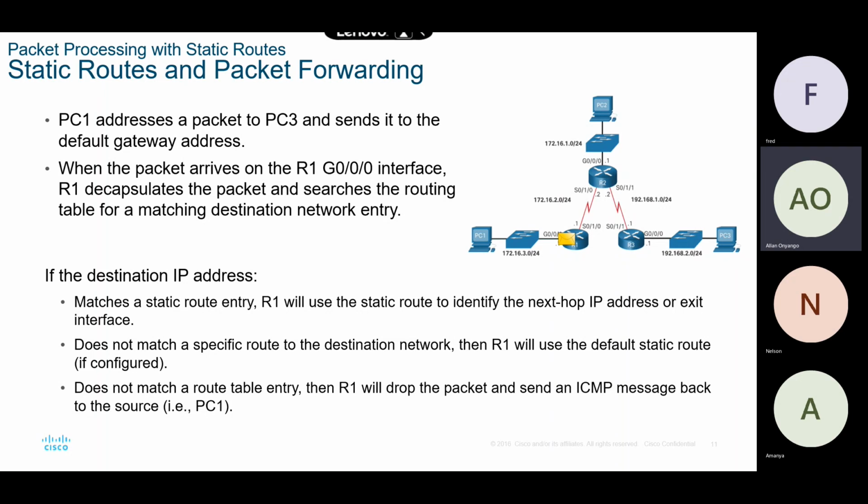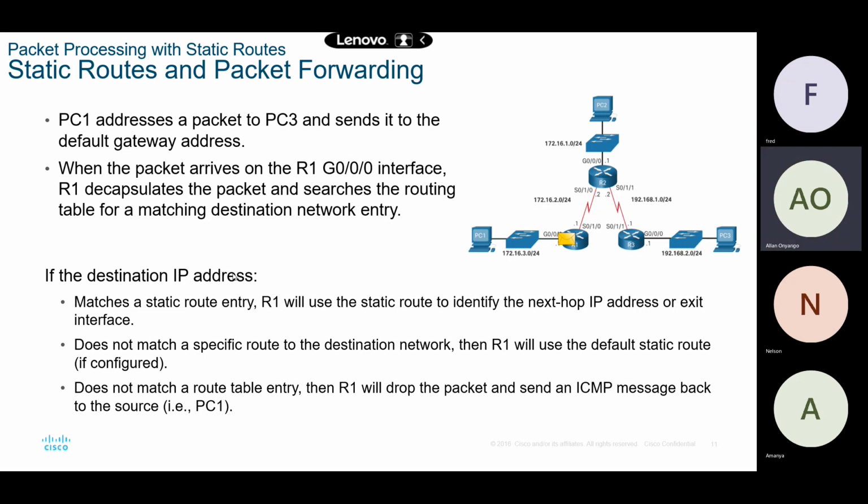In case the IP address does not match a specific route within the routing table, then if R1 has a default route configured, a default route is like a universal route, R1 is going to use the default route to forward that packet to the next hop router. What if there's no default route?